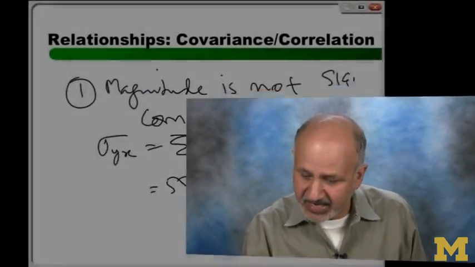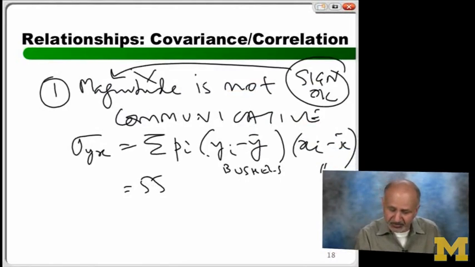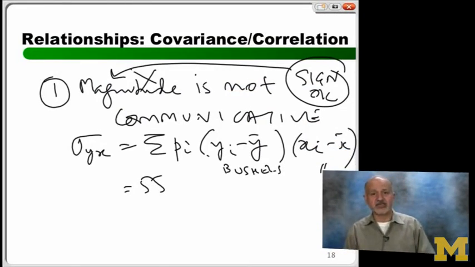Start measuring your rainfall instead of inches in millimeters. What will happen? This number will become big because there are a lot more millimeters in an inch, right? So magnitude doesn't tell me anything. The only thing that is good is it's telling me sign is okay. But magnitude is not reflective of strength or weakness.